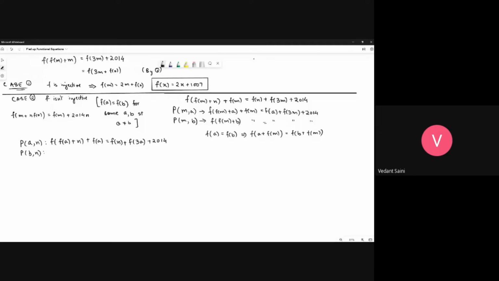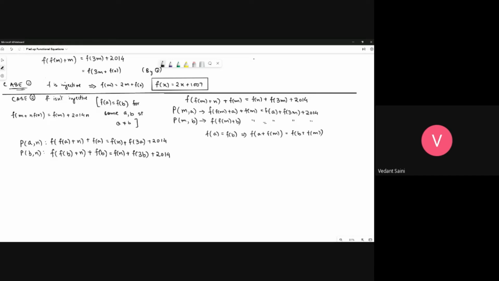Okay, so I'll write the whole expression here. Do you notice the LHS in the first equation and the LHS in the second equation?